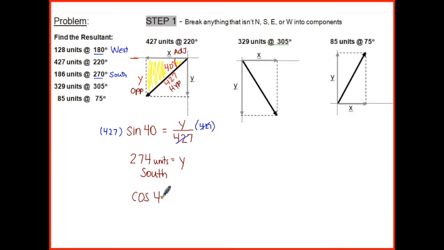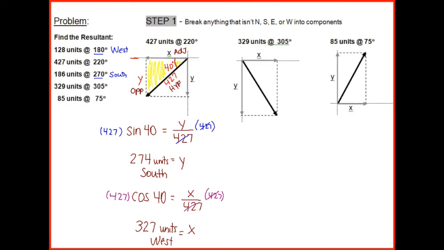So adjacent and hypotenuse, that'll be cosine. Cosine of 40 equals x over 427. I'll multiply both sides by 427 and get 327 units. And I look at my picture and I see that the x points to the west. So that is west. So this is just breaking into components.